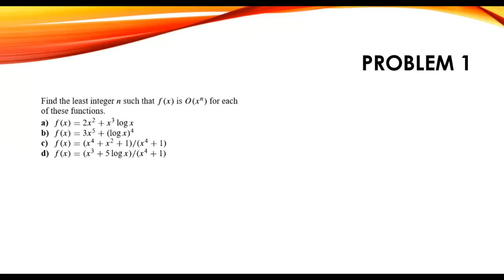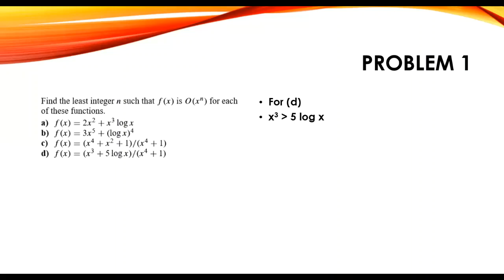Let's check first for the numerator, which is bigger, the x cubed or the 5 log x? Definitely x cubed. So the other term in our numerator will be dominated by x cubed. And how about the denominator? It will be x to the fourth. Yes.